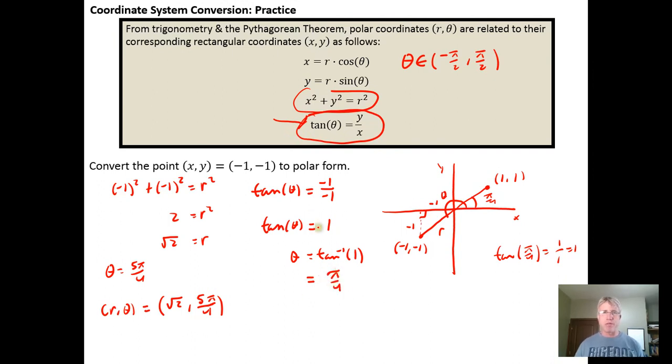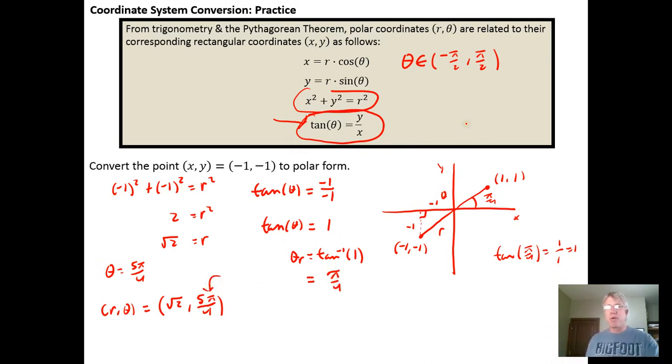It's going to give us the reference angle. So the issue is, if this isn't a special angle, or if it is and we don't recognize it, and we just blindly use the tangent inverse function on our graphing calculator, we're not going to get the angle that we need.